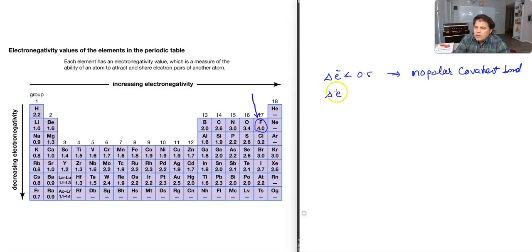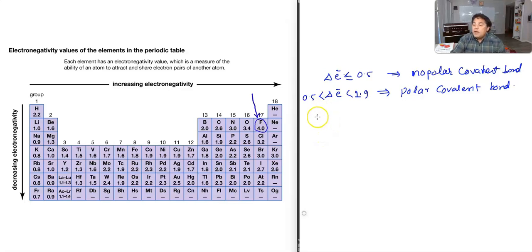If the electronegativity difference is greater than 0.5 and less than 1.9, then that is a polar covalent bond. That is a polar covalent bond.